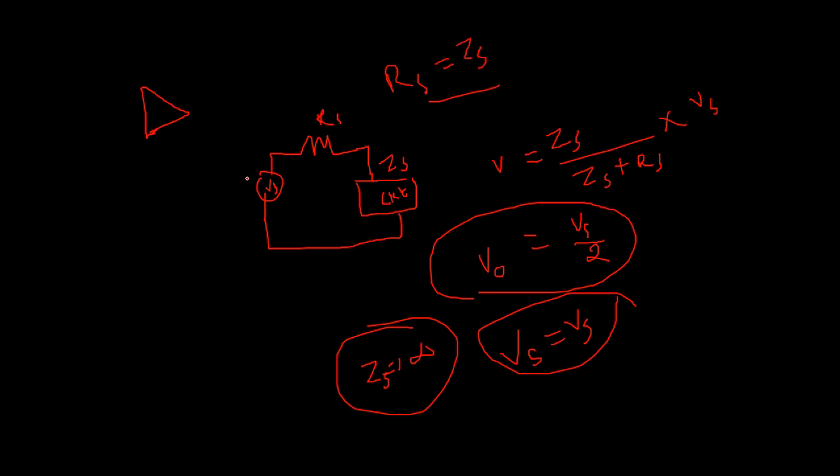So in the non-inverting closed loop op-amp configuration, we have seen that if RF is equal to 0 and input resistance Ri is equal to infinity, then it will act as a voltage follower.